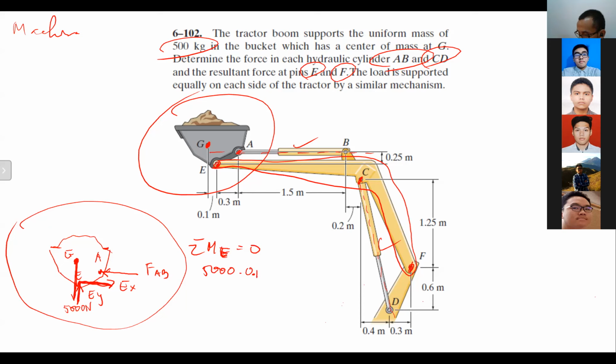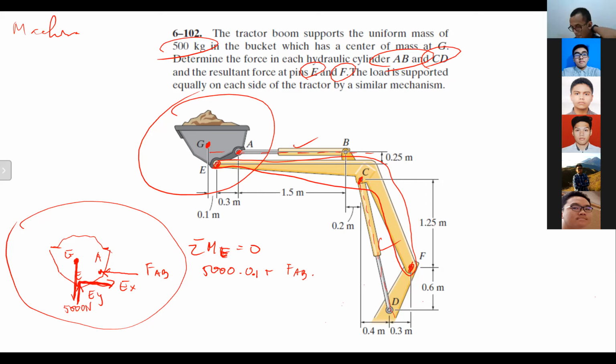So counterclockwise is positive in that case. Then plus FAB times 0.3 meters.